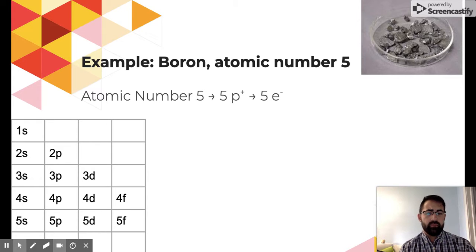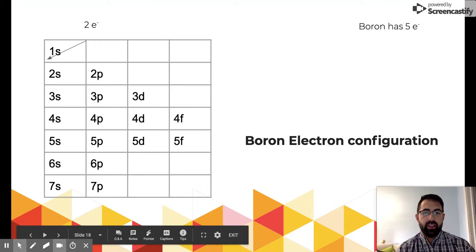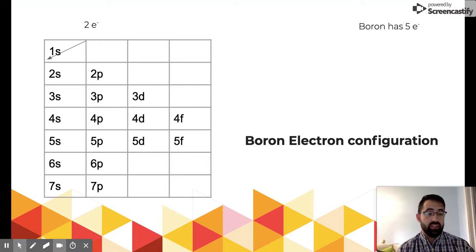So let's run an example of this so far. Let's do boron. Boron has an atomic number of 5. It's the 5th element, so we know it has 5 protons and 5 electrons. We're not worried about the number of neutrons. It does not affect its elemental identity or its electron configuration. So that's our first step: it has 5 electrons. Now we start drawing diagonal lines.